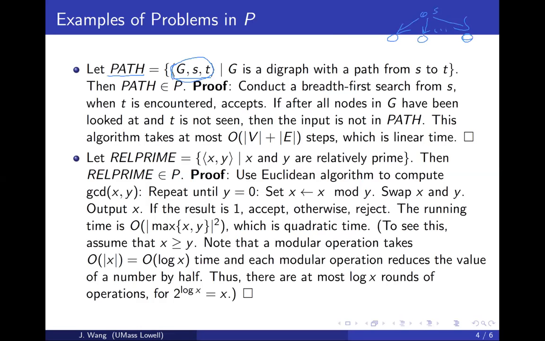That is the first level. If T is one of these, then we are done. We found a path, so this G, S, T belongs to PATH. If not done yet, then we keep going. At any moment that T is found, then I have found that path.